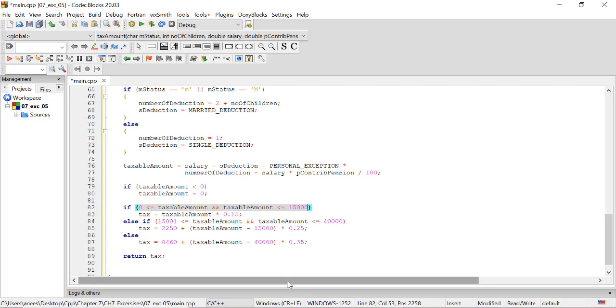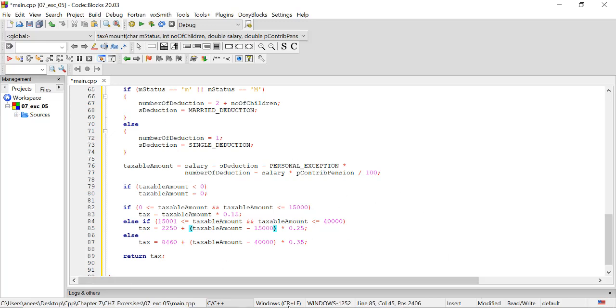Else if the taxable income is between 15,001 and 40,000, then the tax is equal to 2,250 plus the taxable amount minus 15,000 times 0.25.